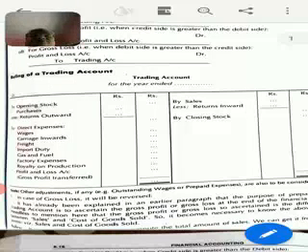Then comes adjustment like outstanding, prepaid and paid in advance. Now many people have misconception regarding this adjustment, because the correct way to deal with this adjustment is to first prepare the adjustment entry and then to prepare the respective account.